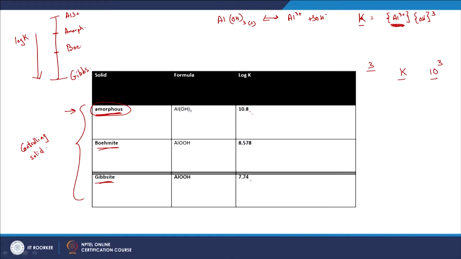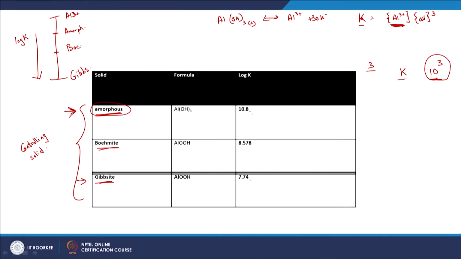So, your aluminum concentration would be lower by 10 to the power 3 if you choose Gibbsite compared to if you choose amorphous, right. So, if you incorrectly identified Gibbsite as your controlling solid, you would assume, from your calculations, that the aluminum concentration is 10^3 times lower than what is actually present if the amorphous form is the controlling solid, right.